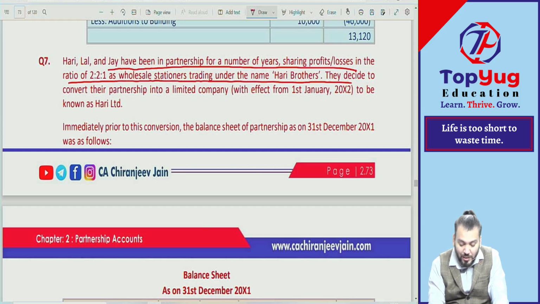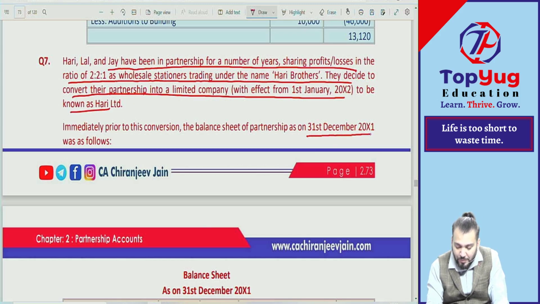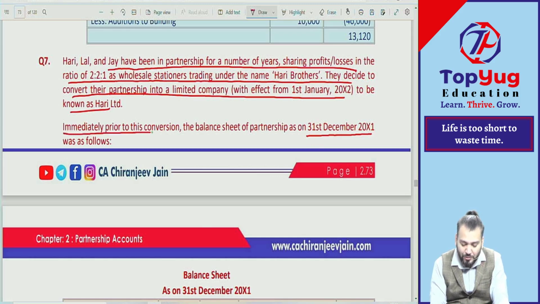They decided to convert their partnership into limited company with effect from 1st Jan 2002 to be known as Hari Limited. You can see they have given the balance sheet of partnership as on 31st December 2001. Means from the next day only it will be converted. Means there is no updation required. No updation required.